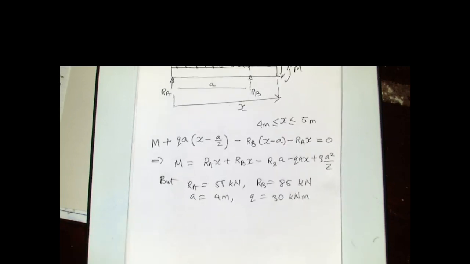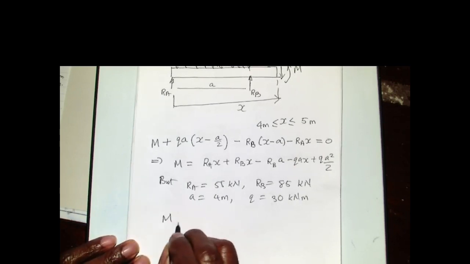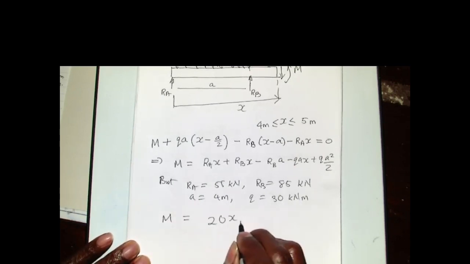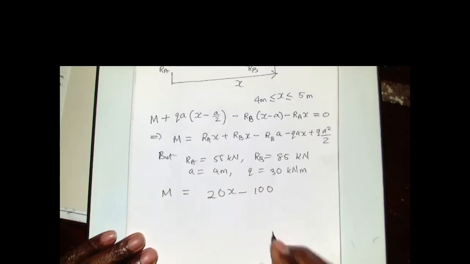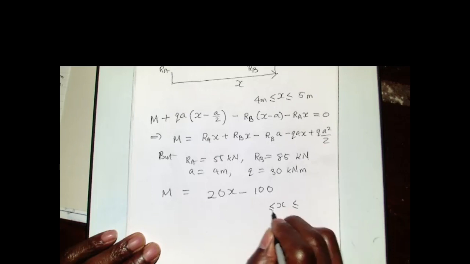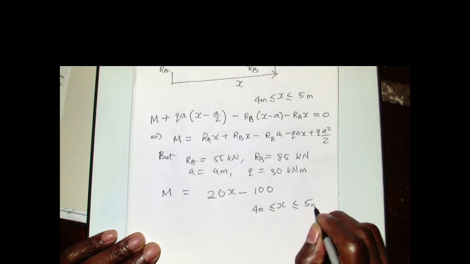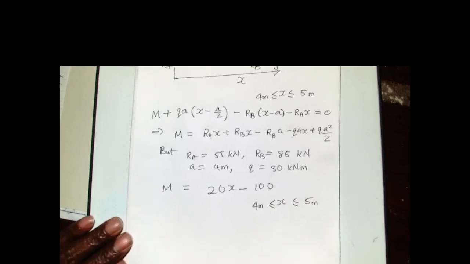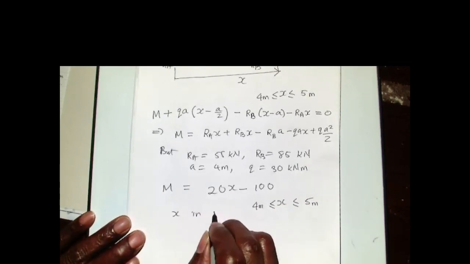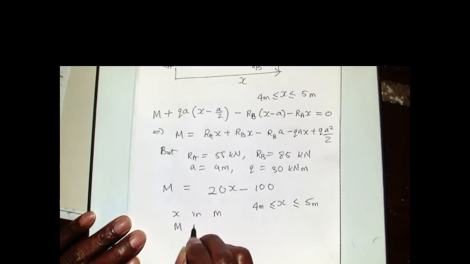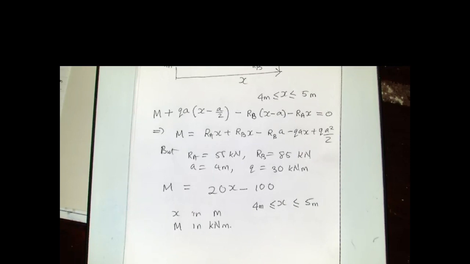If you put all that in, we will get a simple expression for M to be 20x minus 100. Our x now, because we are starting from the left, has a minimum value of 4 meters and maximum value of 5 meters. So x here is in meters and M in kilonewton meters, because we put in the forces as kilonewton.